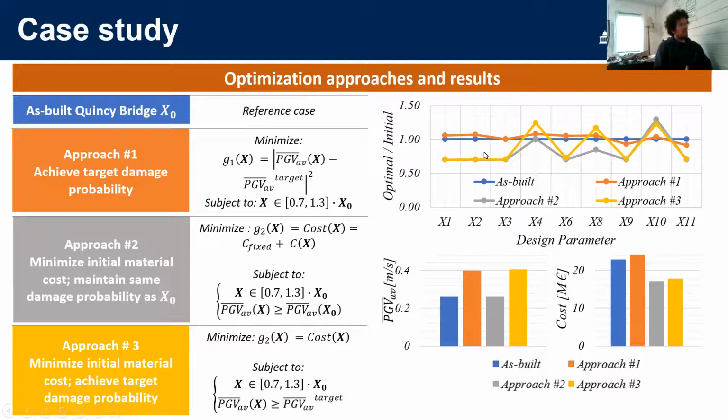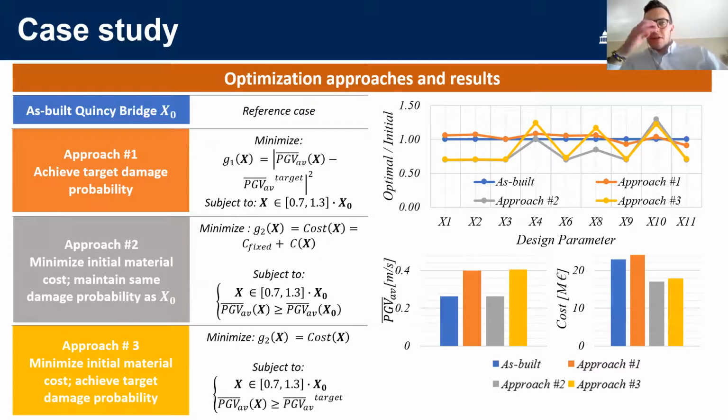I'm wondering why approach 1 chose that particular solution, because an equally valid solution would be the one from approach 3, since they both achieve the same target damage probability. Am I misunderstanding the results, or is approach 1 just picking the first possible solution it comes to rather than showing all the possible solutions?